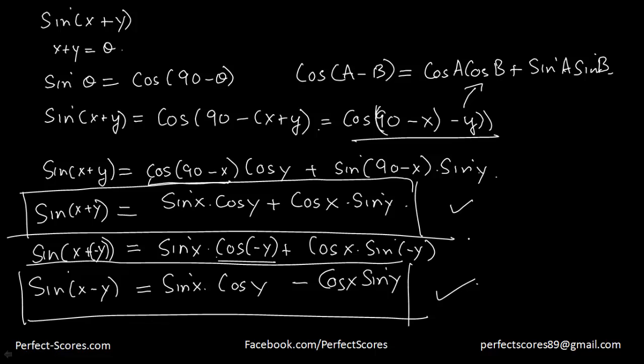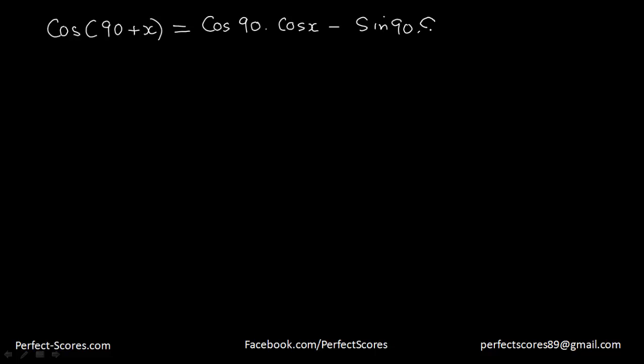Another few expressions that I will do in this video is the value of cosine of 90 plus x. So what will be the value of cosine of 90 plus x? That is going to be again cos of a plus b, something that we just derived, that is cos of a into cos of b minus sine of a into sine of b.